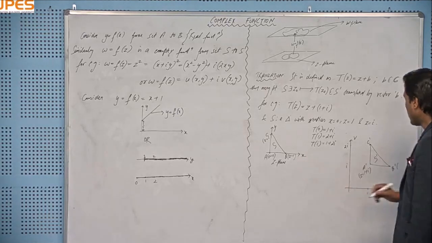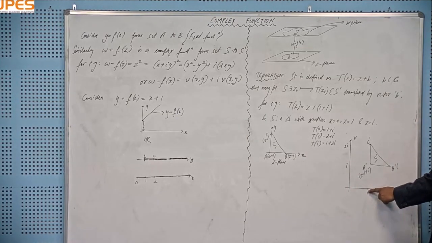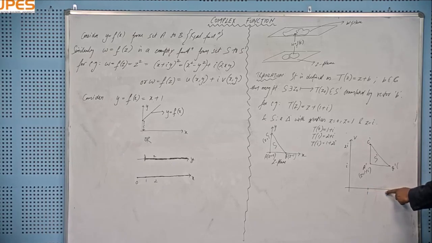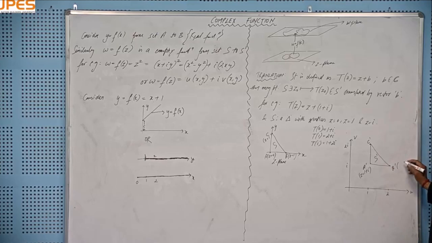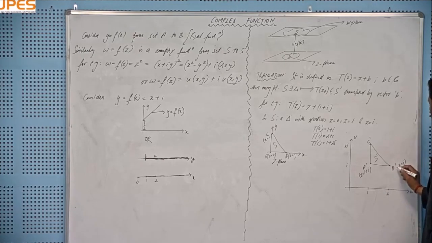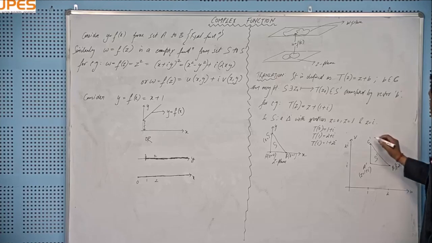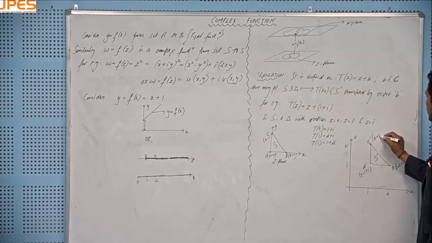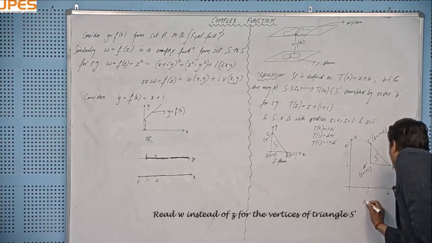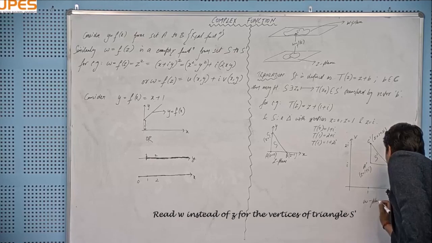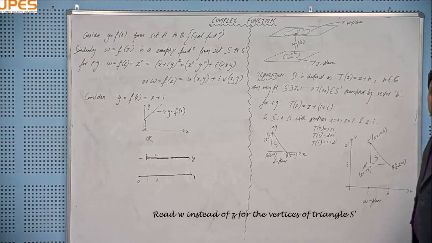And your point z equal to 1, that was actually here, is also shifted by 1 plus iota, meaning 1 along the u-axis and then 1 along the v-axis. And this is z equal to 1 plus 2 iota. Fine. So this is what we call translation.